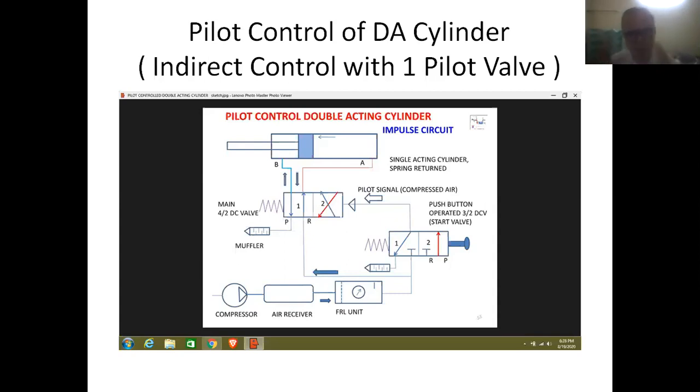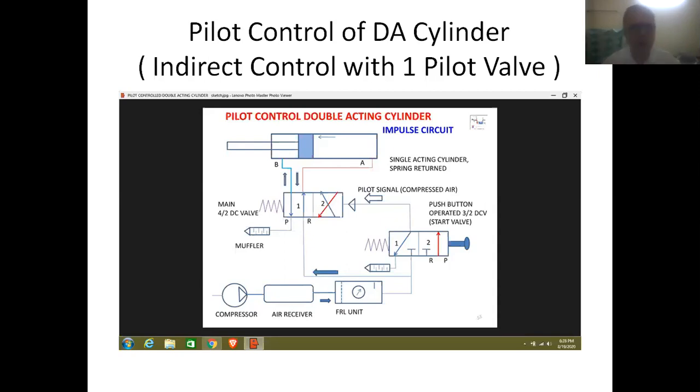So friends, the pilot valve is controlling the operation of the DC valve, and finally the DC valve is controlling the operation of the cylinder. This pilot valve is very essential for controlling the DC valve.